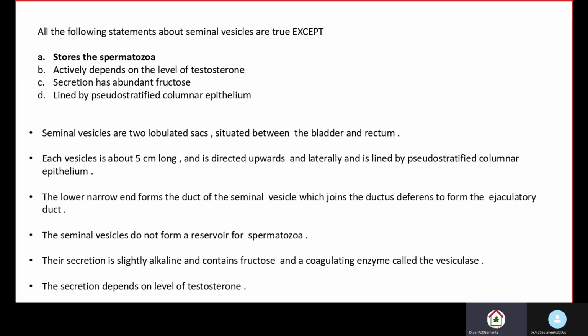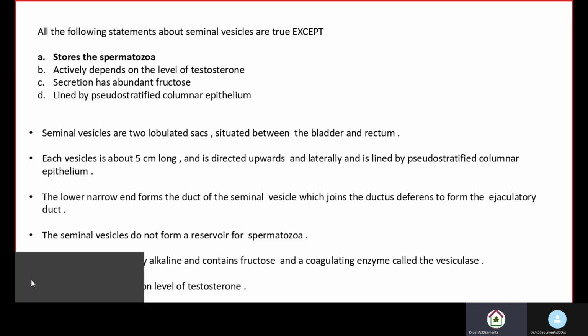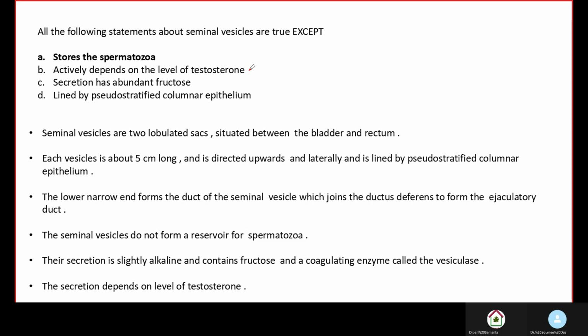The answer is stores the spermatozoa. Seminal vesicle actively depends on the level of testosterone. Secretion has abundant fructose, that's also true. Lined by pseudostratified columnar epithelium, that is also true.